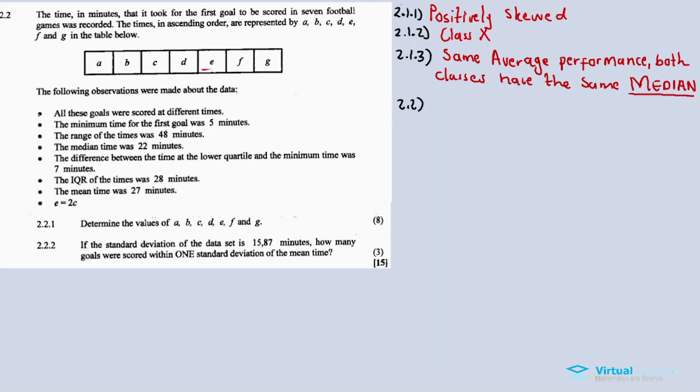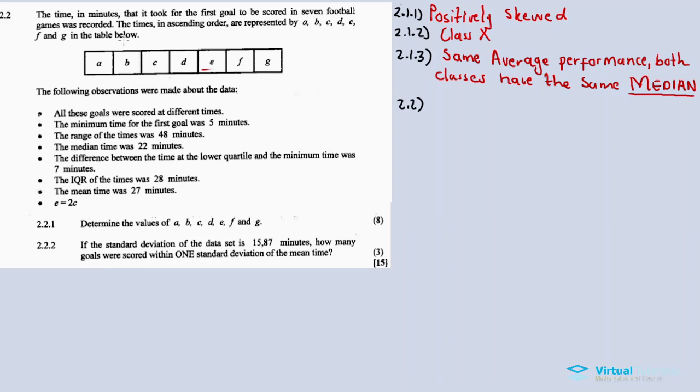Then we record, and so on. Basically the times in ascending order. So in order to draw any information from our data, we need to make sure we organize it, whether in ascending or descending order.